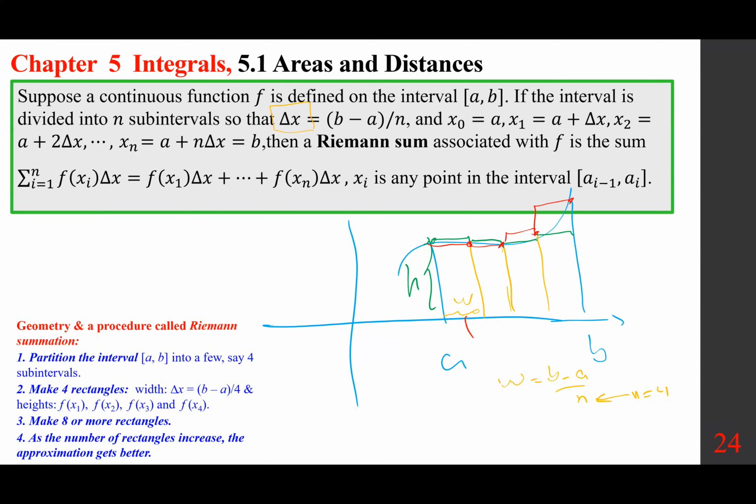I can use the midpoint, or I can use any point in between. The point is we can add them up and it gives us an approximation. And this approximation gets better as we add to the number of rectangles. That's the concept.